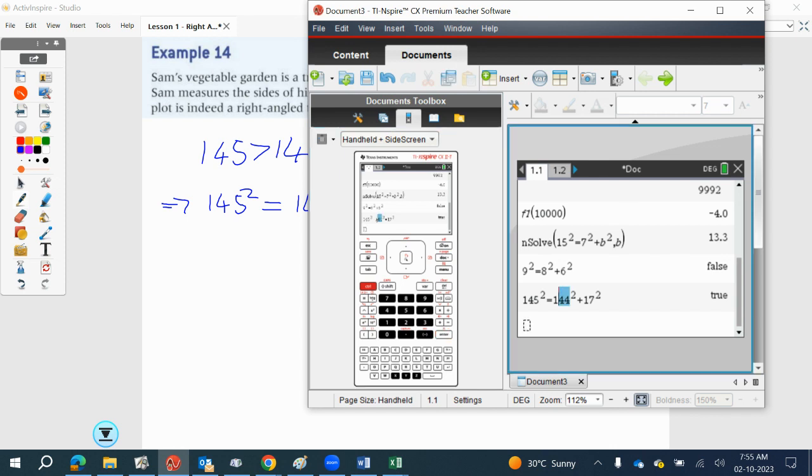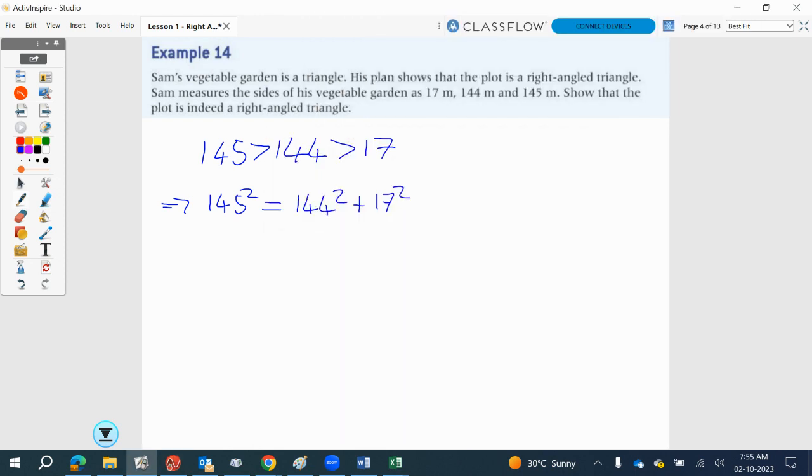I didn't know that Pythagorean triplet. Look at that, there's only one number apart, and that's still 17 squared, which is 196, isn't it? Which implies it is right angled. So this is our answer for this one.